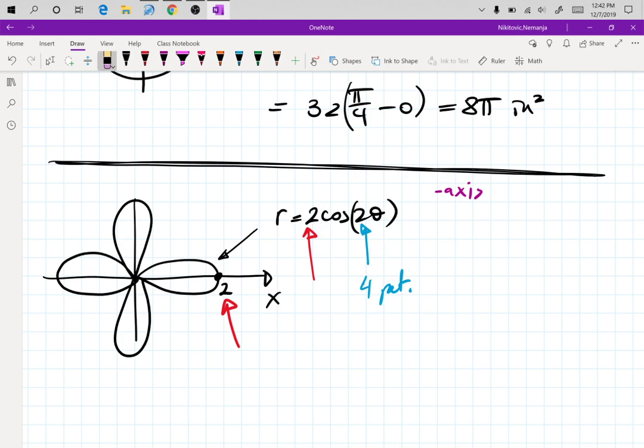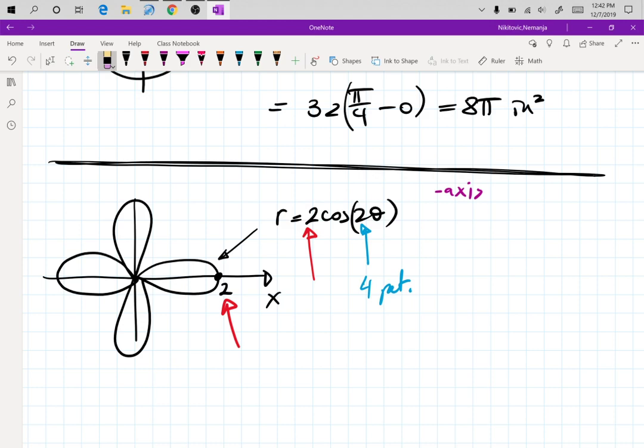So now, to find these alpha beta limits, set two equations equal, and in our case 2 cosine 2 theta is equal to 1.